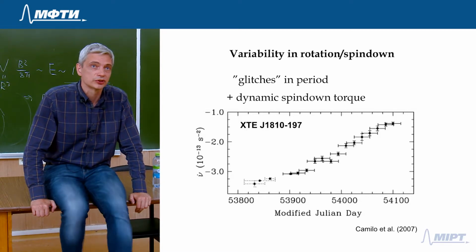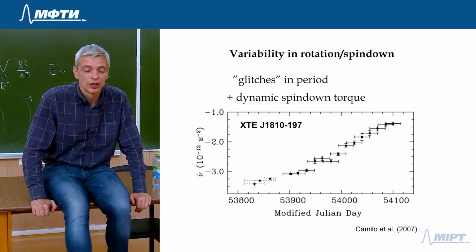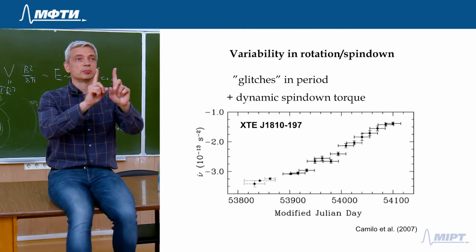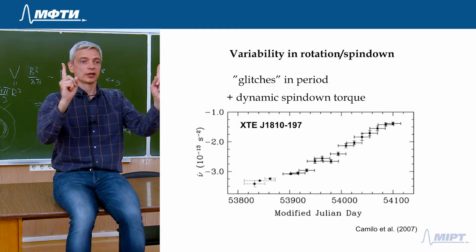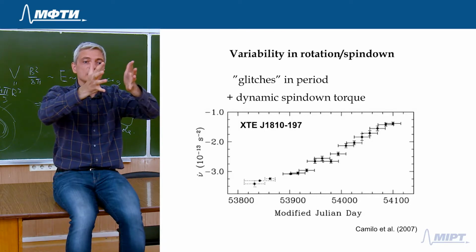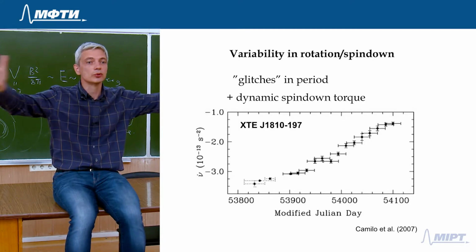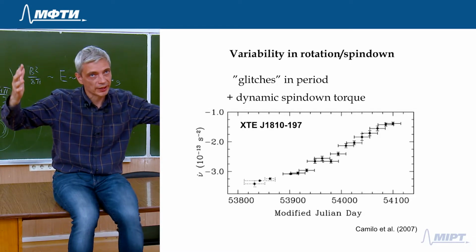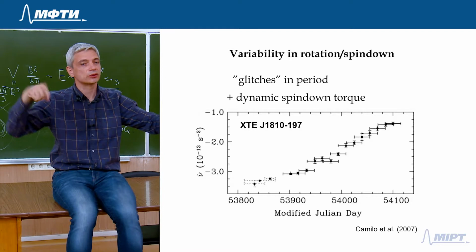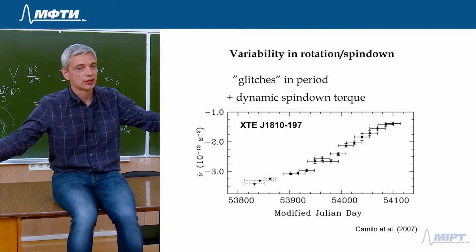We do see glitches in pulses in the magnetars too. And they're associated with sudden unpinning events. So the superfluid vortices are pinned, and at some point the Magnus force grows, and they suddenly move. That means that the superfluid is spun down, trying to catch up with the spin-down of the crust.